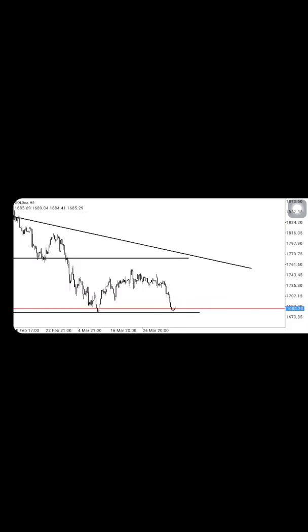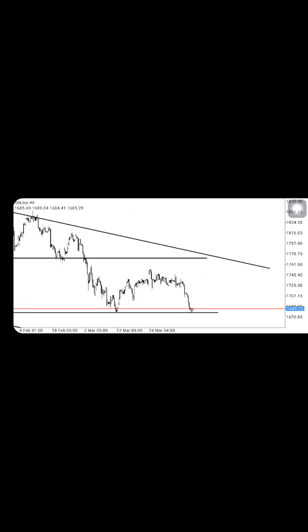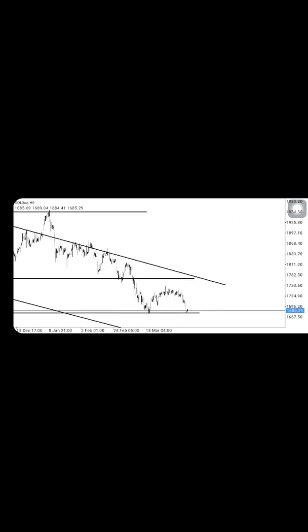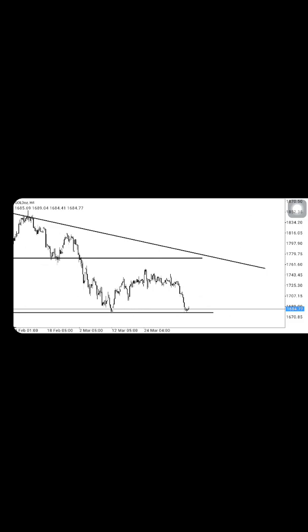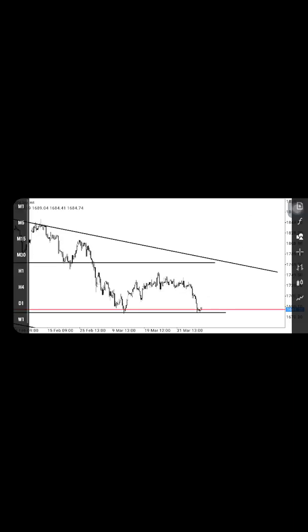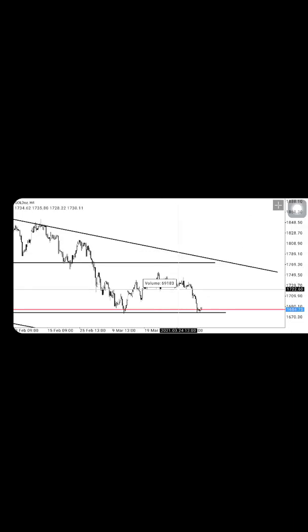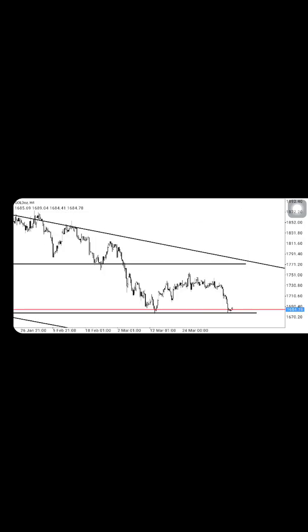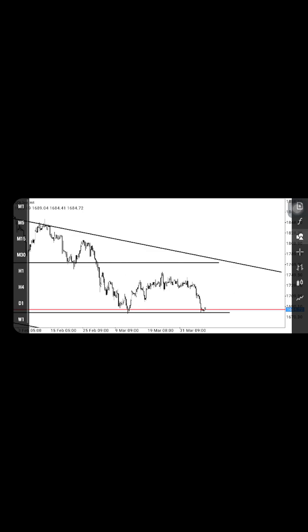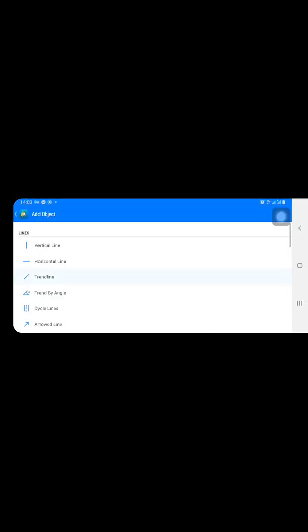On the H4, we have a double bottom, as you can see, and we should be expecting retail traders to be buying this at least to somewhere there, right? 70.22.